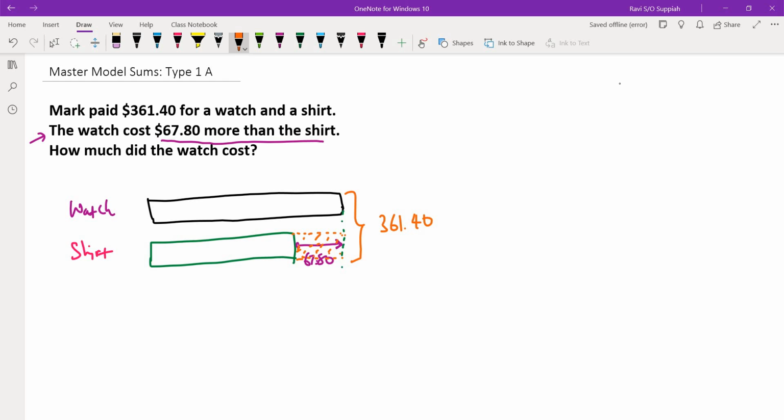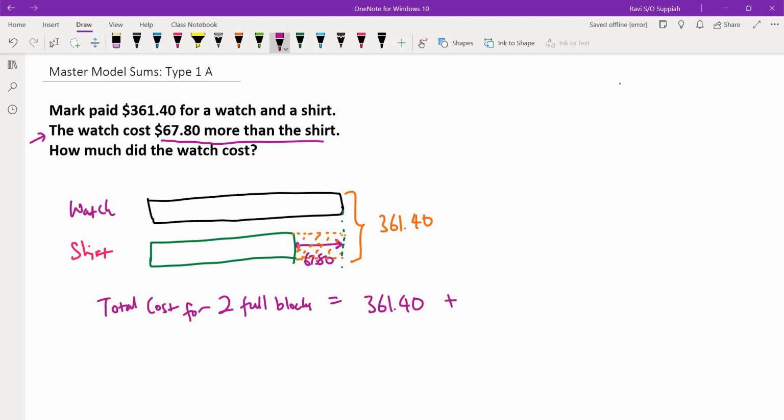So that is the technique towards this question. The total cost for two full blocks will be equal to the current amount that you have paid, which is 361.4, plus the difference.